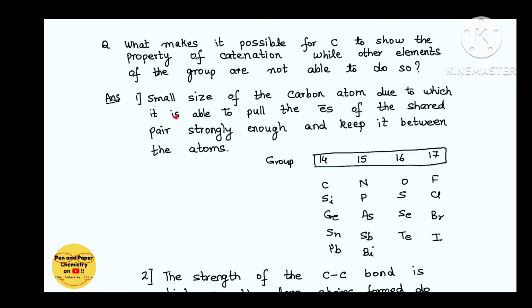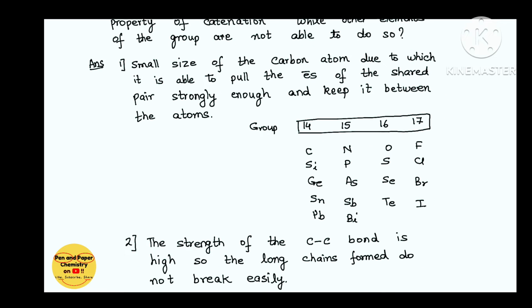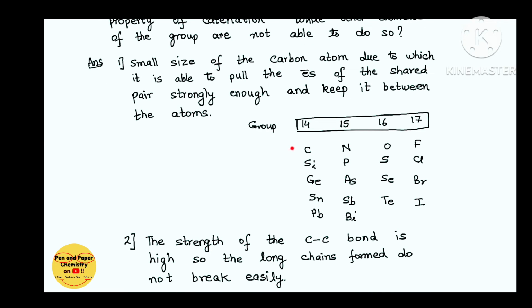Look at the size. Now, when you study the periodic table, you will realize that the size of the carbon atom is the best. This carbon atom is actually in between the bigger atoms, the alkali and the alkaline earth metals on the left hand side, and the smaller atoms on the right hand side.